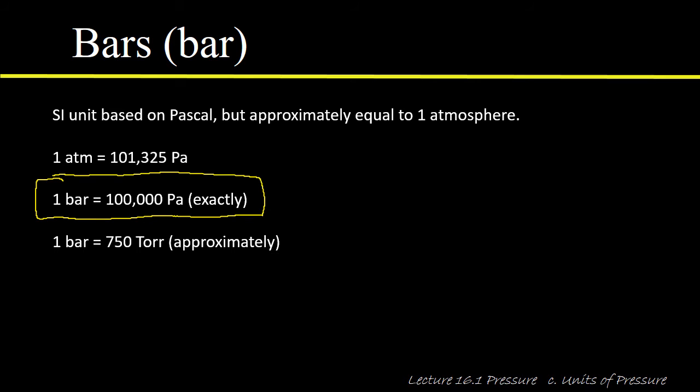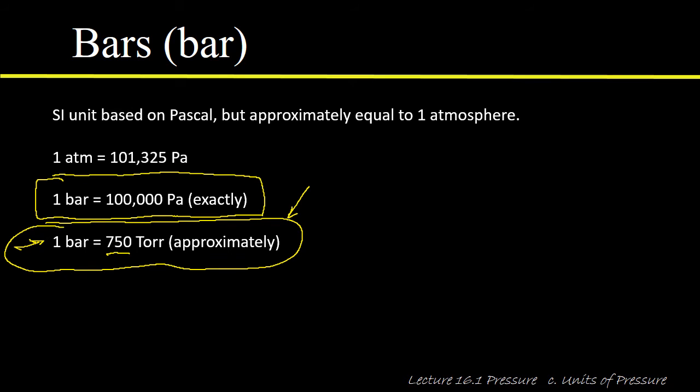This is not an exact definition here, but it's pretty good. It's correct to 3 significant figures. So if you need to convert between bars and torr or bar and atmospheres, you can use this relationship. I think we'll rarely have any data that's precise to more than 3 significant figures anyway, so this is a good conversion relationship to use.